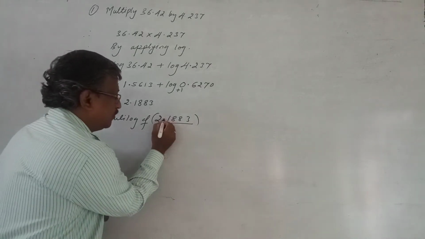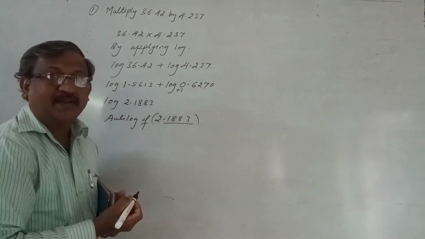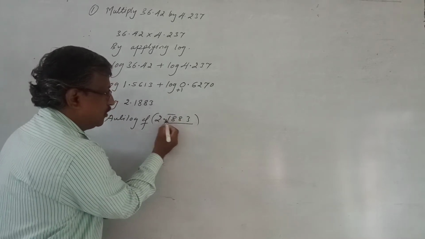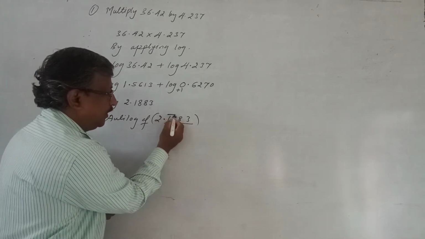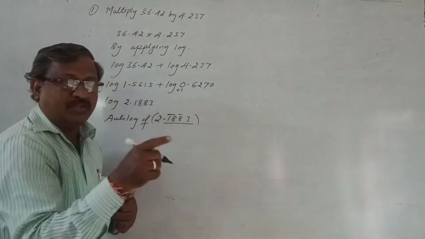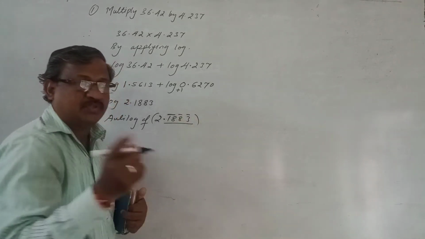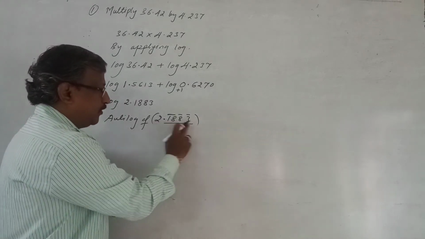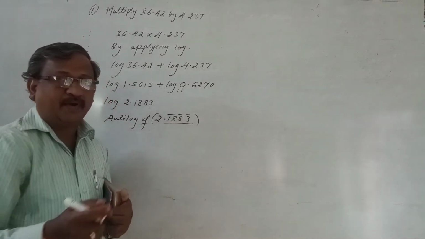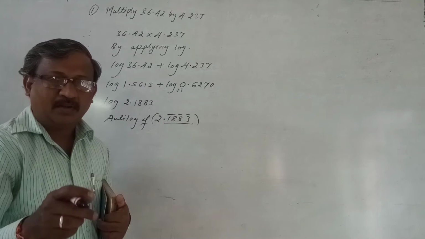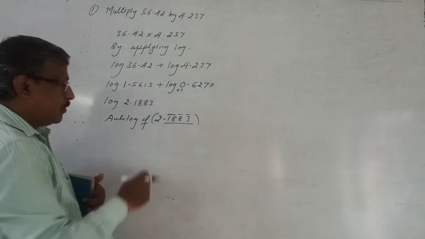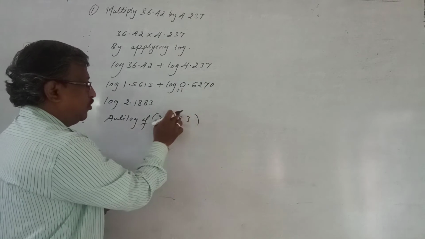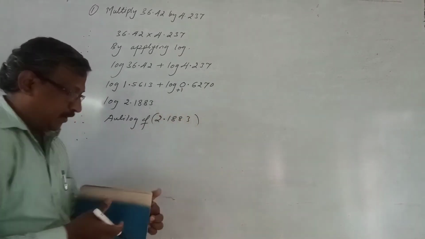So from decimal we have to take the first 2 digits. In the first column we find the number 0.18. In the same row we see the 8 column, and in the same row the mean difference, 3rd column. Clear? So always we refer to the fractional part, find the value from the anti-logarithm table, and then proceed further, right?